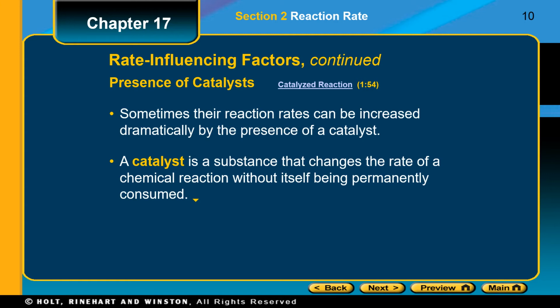In other words, we don't use up a catalyst. After the chemical reaction is completed, the reaction will leave the catalyst present and we can use it again. So the action of a catalyst is called catalysis.